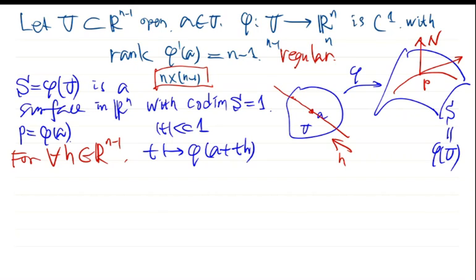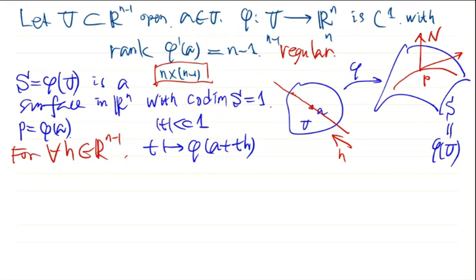This map describes a curve on S passing through our point P.